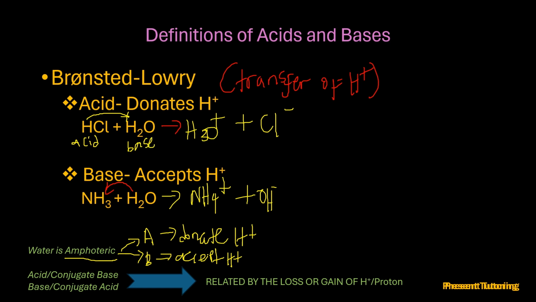And so what happens is that HCl turns into Cl-, and then H2O turns into H3O+. And this is all related to losing a H+ on the end of HCl and then gaining a H+ on the end of H2O. So this HCl became Cl-.